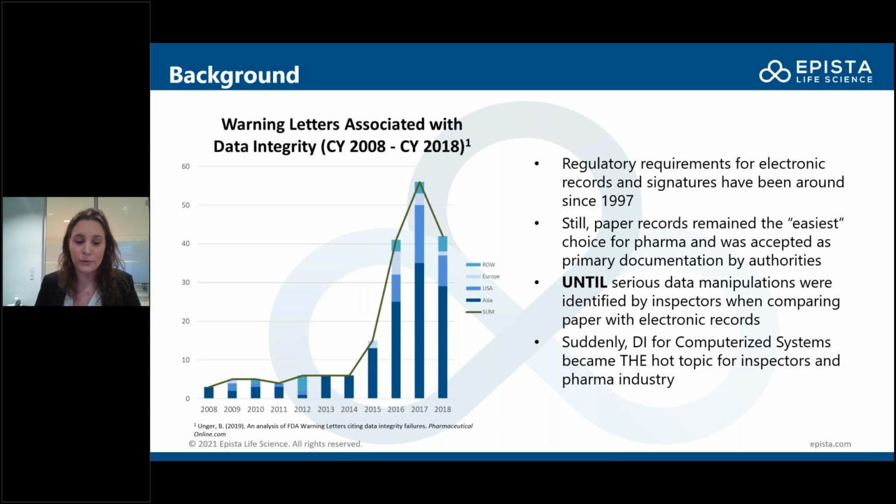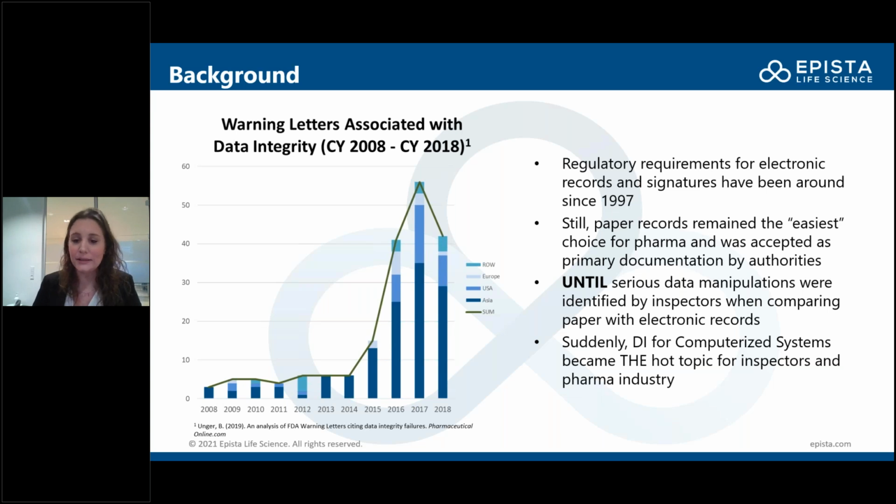Still, for the pharmaceutical, biotech, as well as medical device industry, paper records remained the choice of documentation, probably because it was pretty easy. There were a lot of processes and procedures around, a lot of paper that was printed from all the computerized systems. And this approach was also very much accepted during any audits and inspections, and everyone was fine with it.